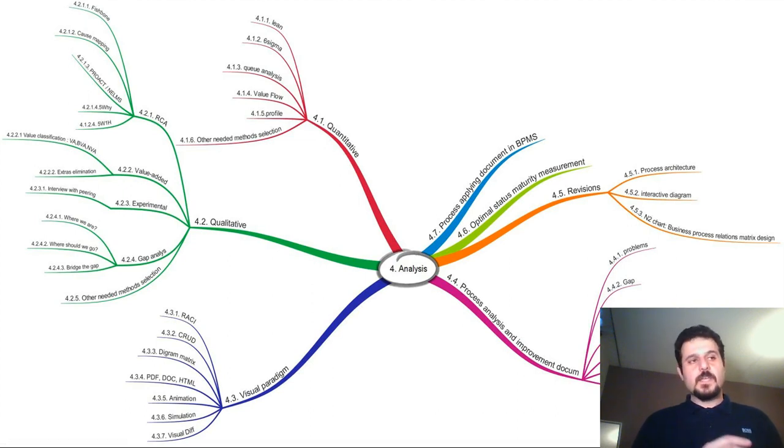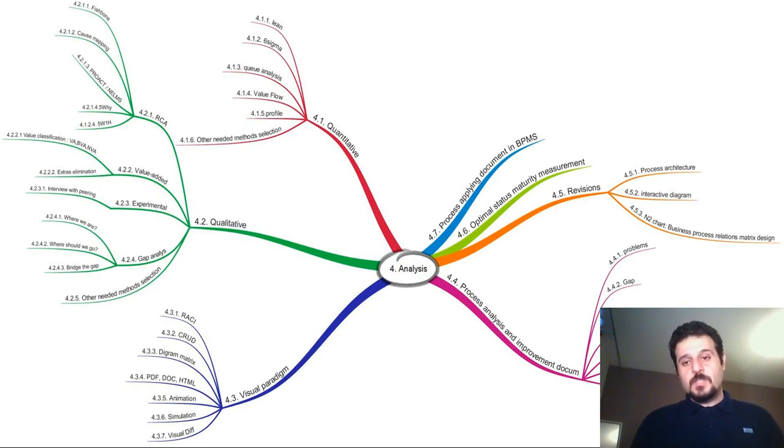After that, you can design your optimal processes, your favorite processes, the to-be process. What you should do to implement the to-be process: you should design an action plan, and also you should predict some challenges for establishing new processes.